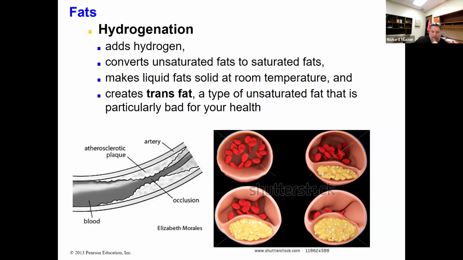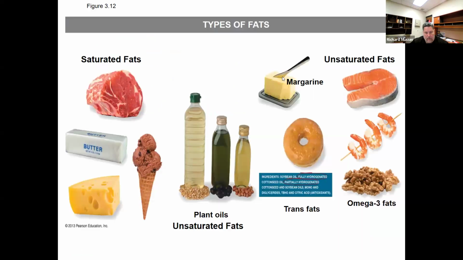So again, trying to limit saturated fats and trans fats is important. And so these were examples of things that you want to avoid. Well, not all fats. I mean, obviously there are important fats as well, but things like margarine or trans fats or things that might have been used for cooking these donuts might not be particularly healthy, but more important fats you might find in, for instance, salmon.